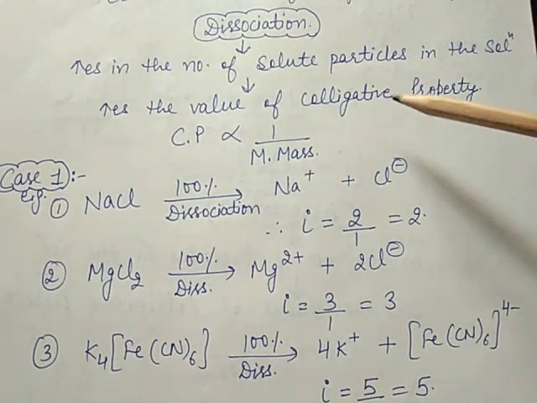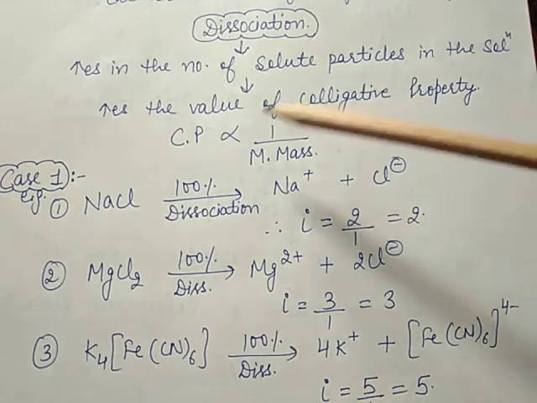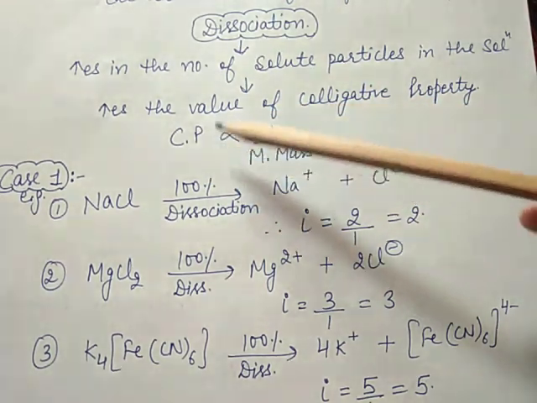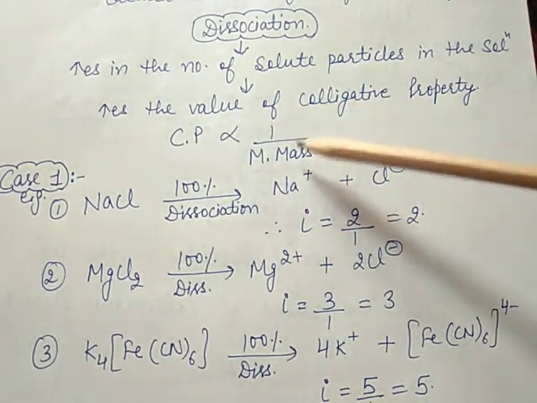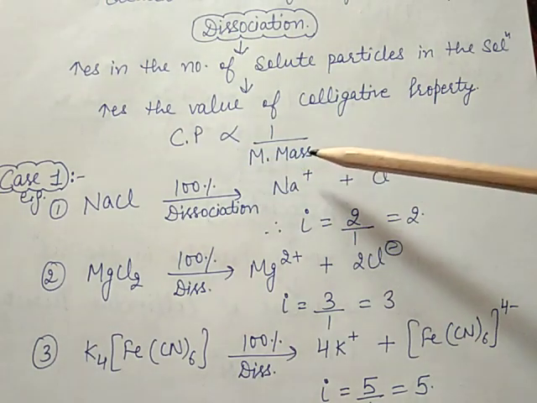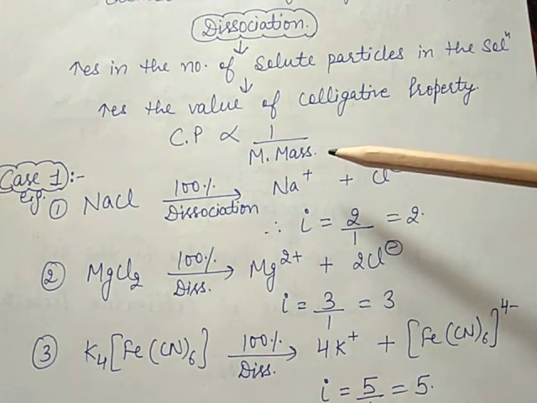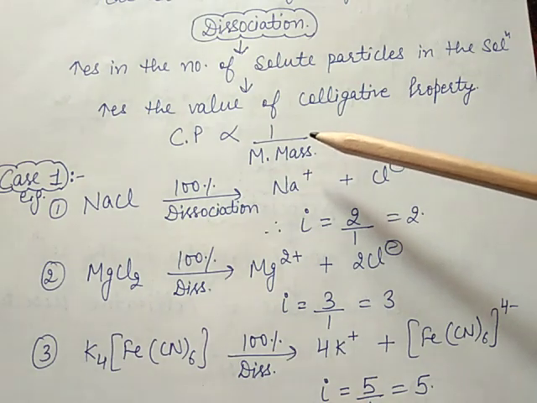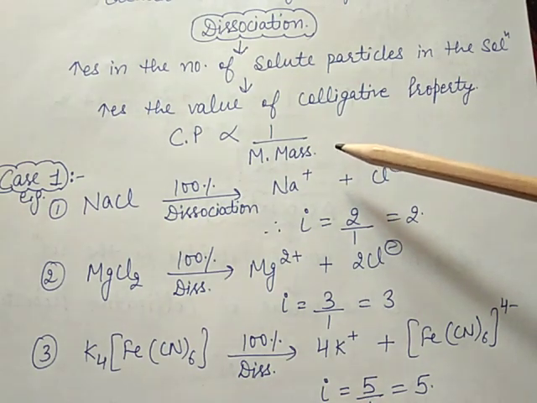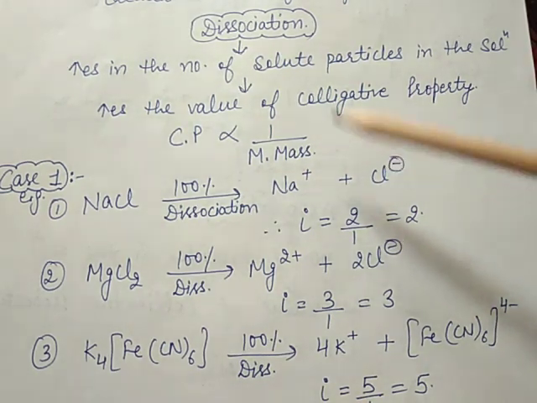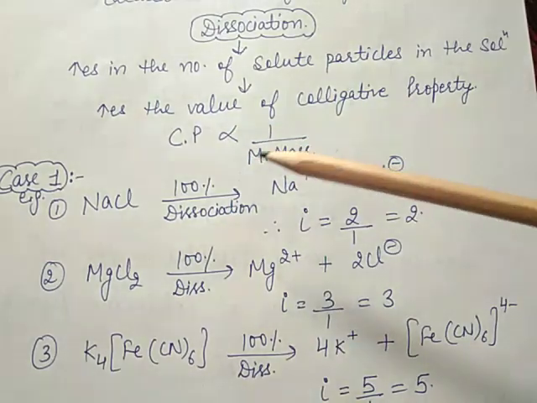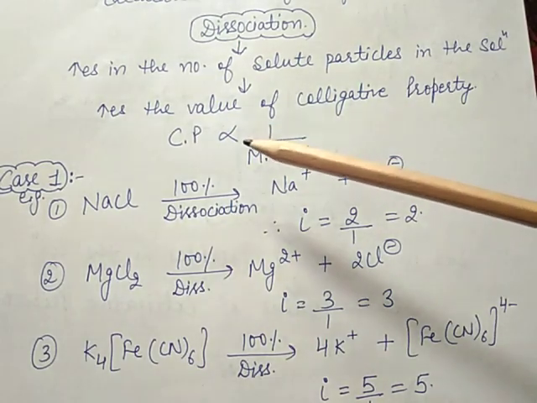It means number of particles increases. Colligative property is inversely proportional to the molecular mass. It means the molecular mass of such a substance as calculated from colligative property will be less than the normal value.